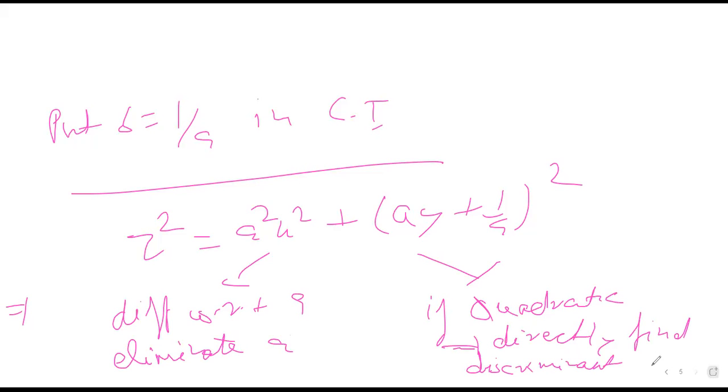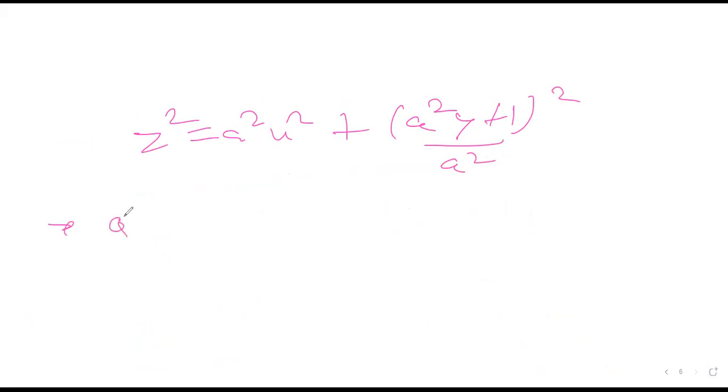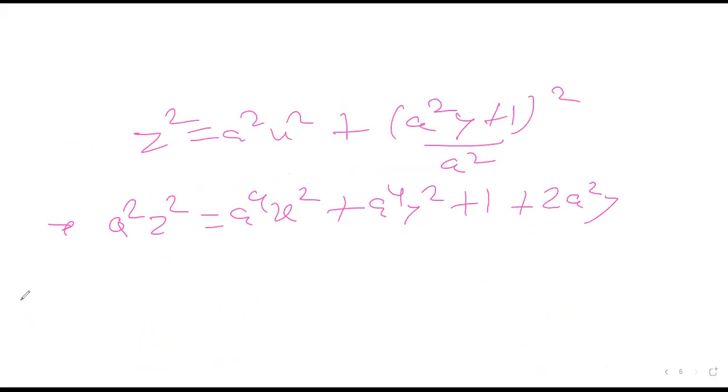Here you can see we can directly find the quadratic equation in a square. So z square is equals to a square x square plus (a square y plus 1) whole square upon a square. This will give a square z square is equal to a to the power 4 x square plus a to the power 4 y square plus 1 plus 2a square y.